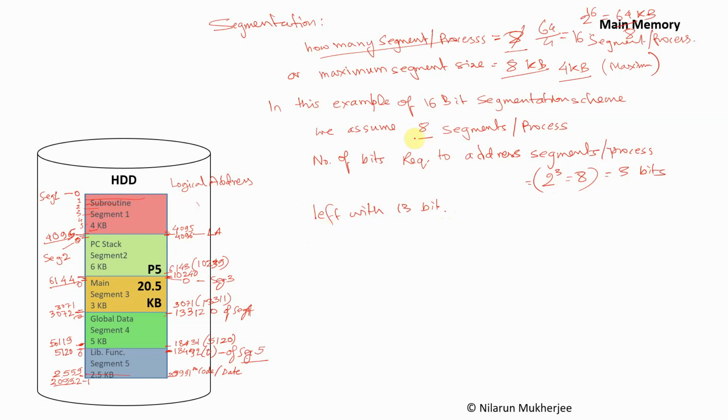Now when we are having 8 segments, how much is the maximum segment size? 64 by 8 KB.